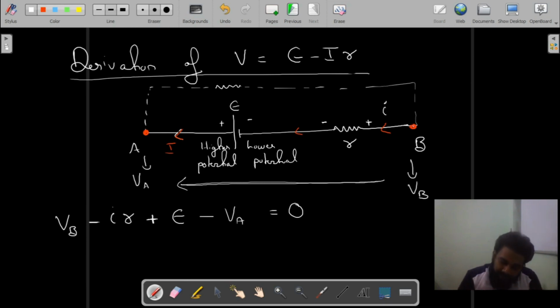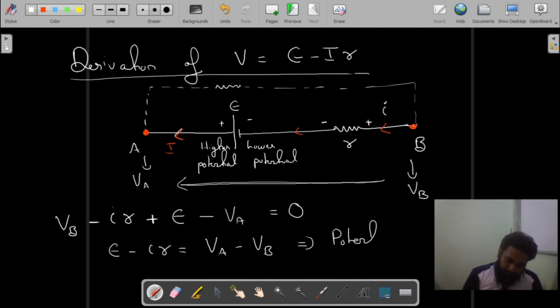Now here we are considering the terminals between A and B alone. So we can say E minus IR is equal to VA minus VB. That is nothing but the potential difference across the terminals of a cell when current is drawn.